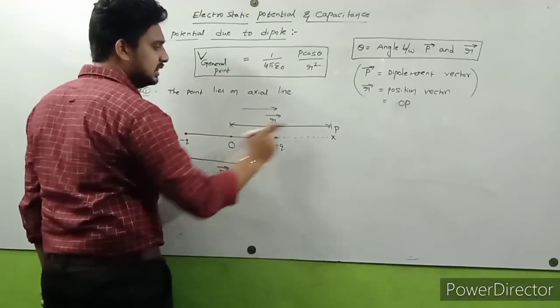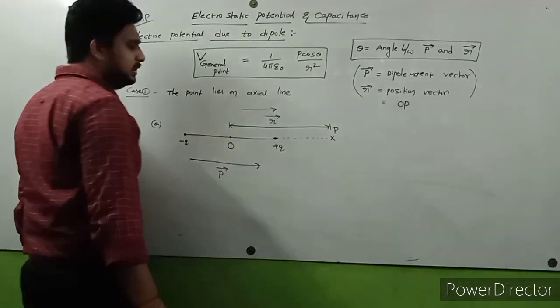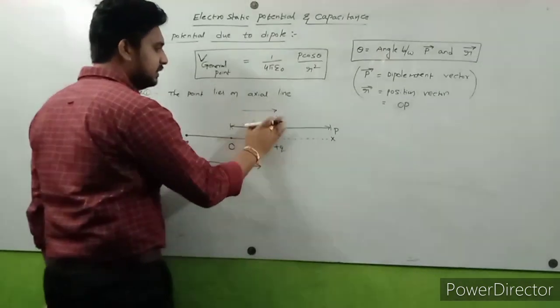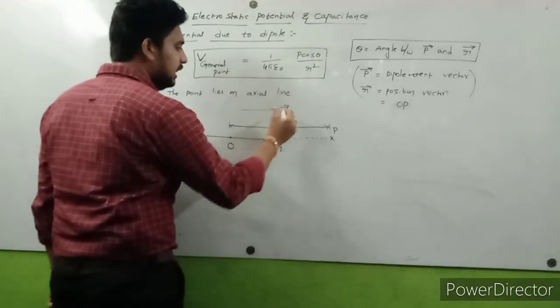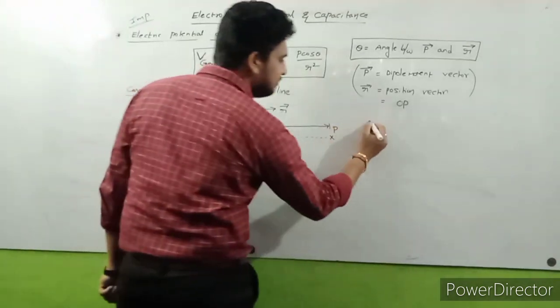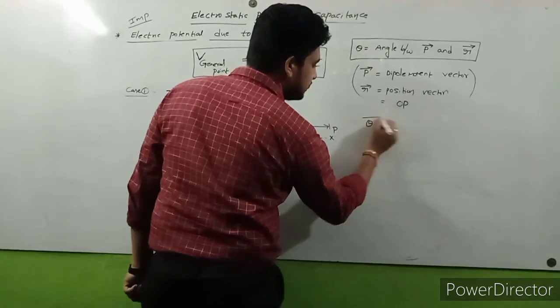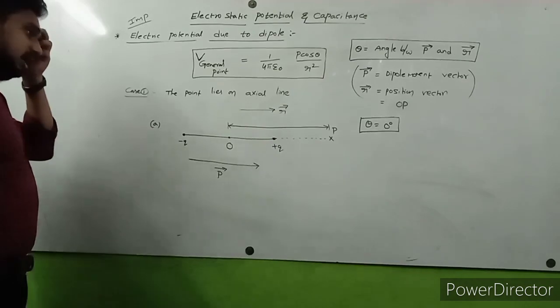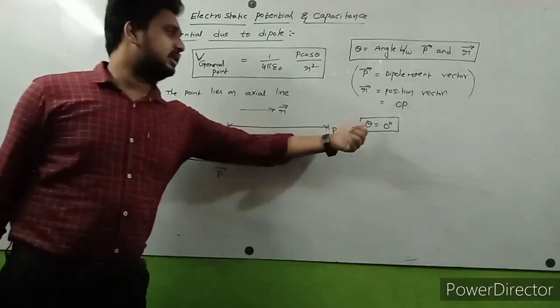OP is nothing but R bar here. The dipole moment direction and R bar direction are both the same direction. That's why theta is equal to 0 degrees for this axial line case.